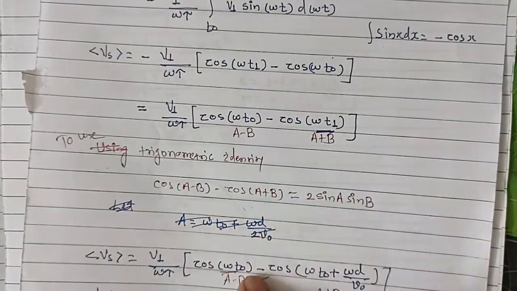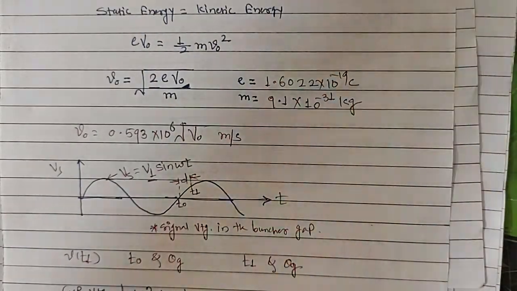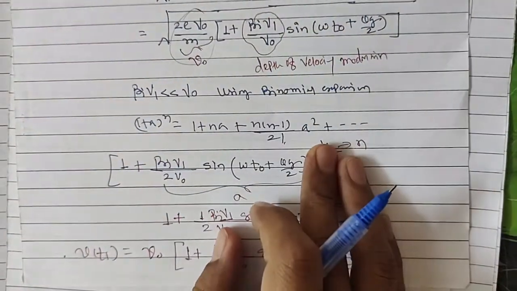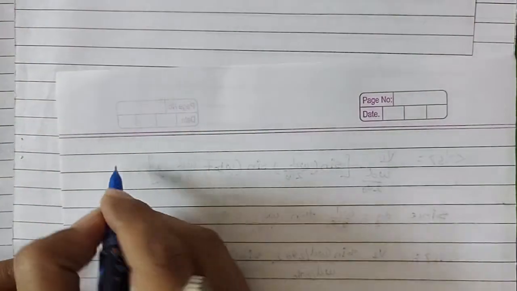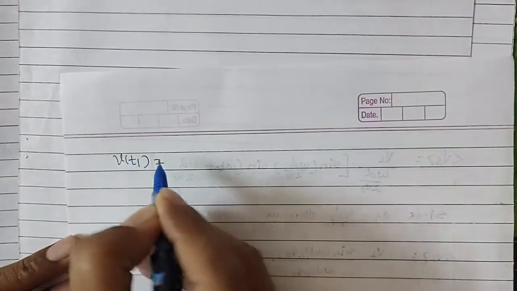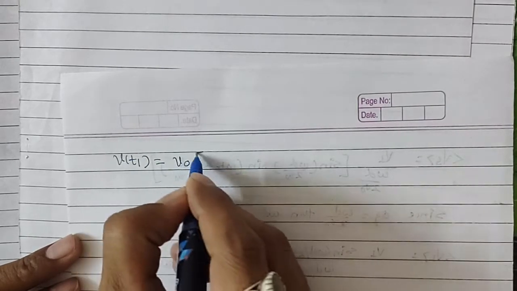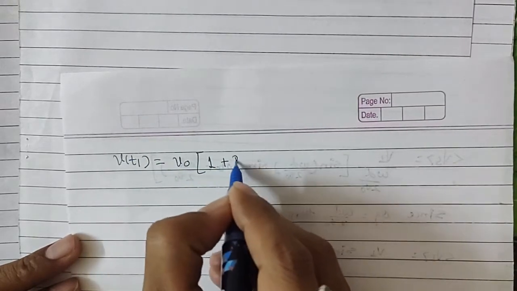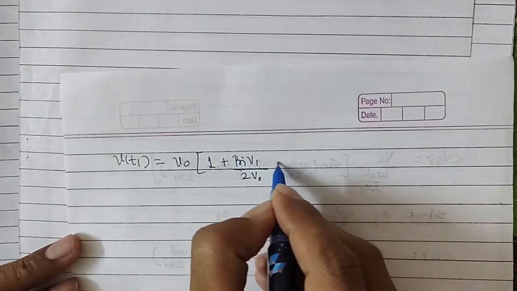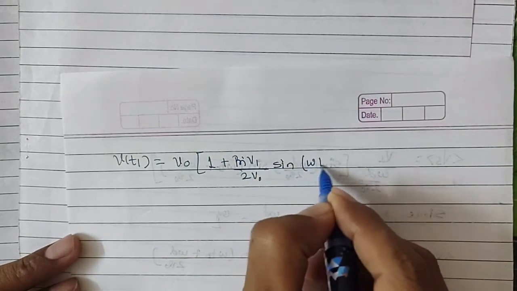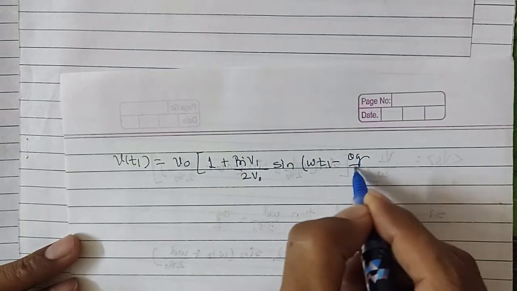So finally we will get the expression for velocity modulation in terms of T1 and theta G. That would be V of T1 is equal to V0 times 1 plus beta I V1 upon 2 V0 sine omega T1 minus theta G by 2.